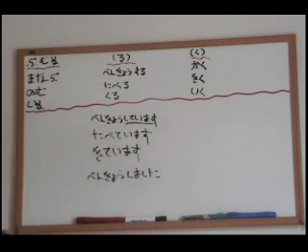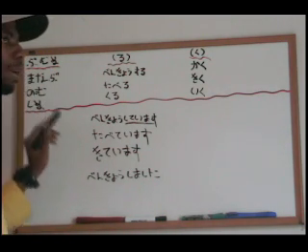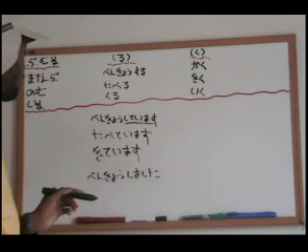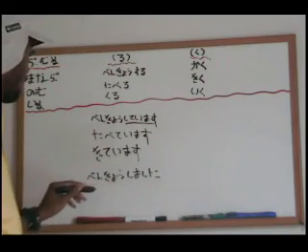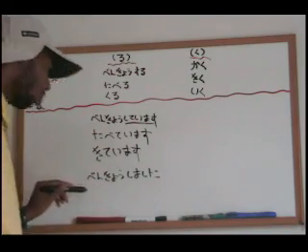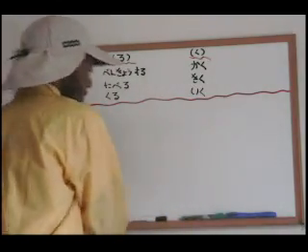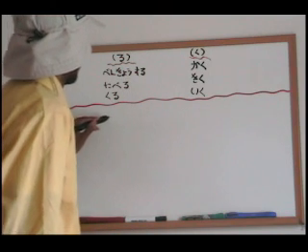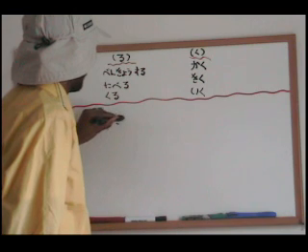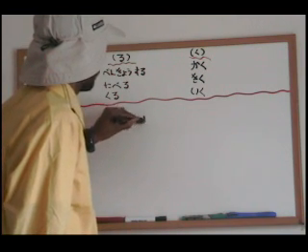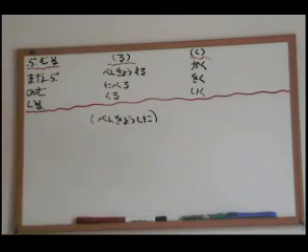Now, what if we want to say, like how we did over here, manabu, mananda, the plain past. In the ru group, suru will be shita. So if suru will be shita, it will be benkyou shita. Benkyou shita, plain past.